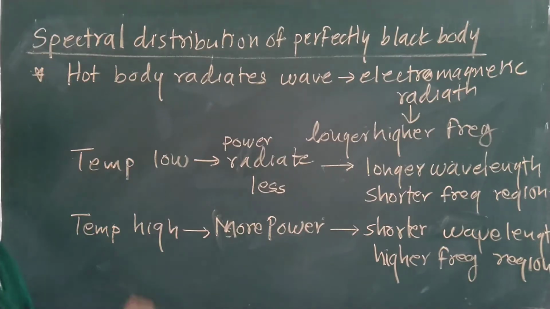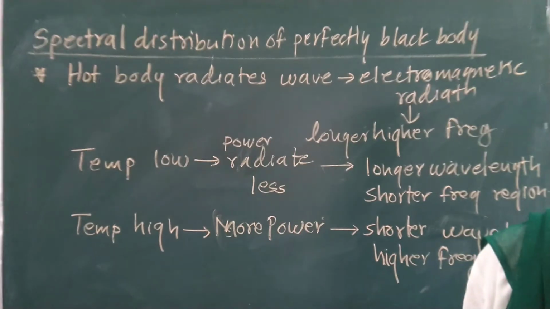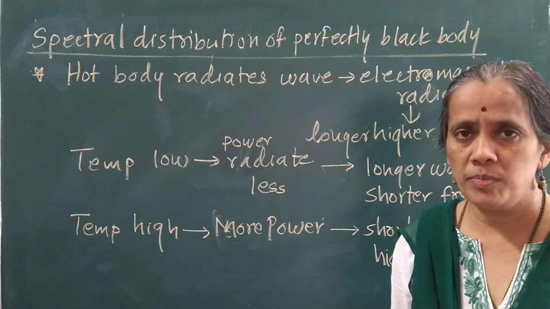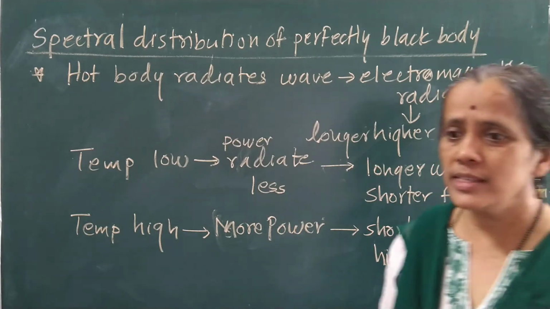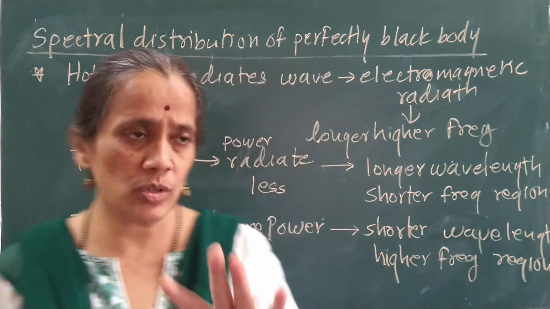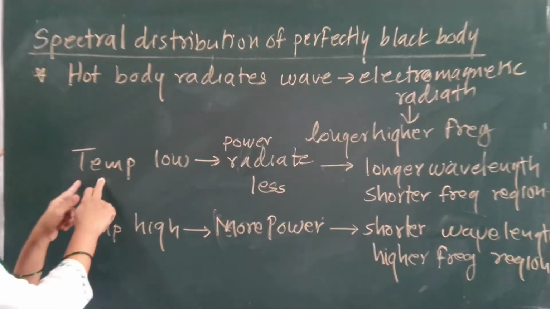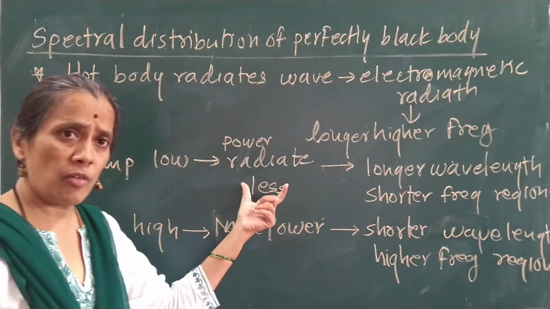So for any body, because Prevost's heat theory says that all bodies emit and absorb heat radiation at all temperatures except absolute zero temperature. So same concept is here. अगर कोई भी बॉडी आपने लिया है, उसका टेम्परेचर लो है, if temperature is low, it will radiate less power.